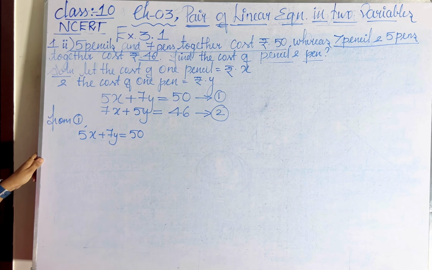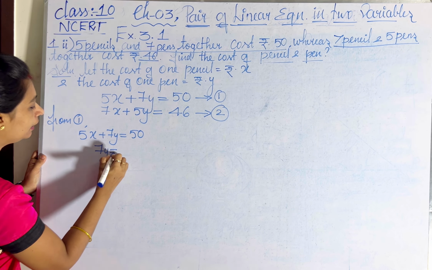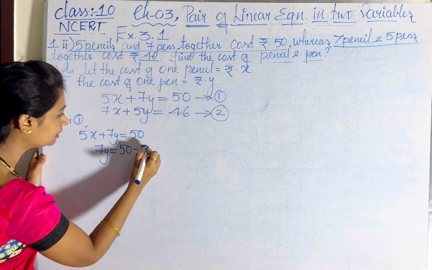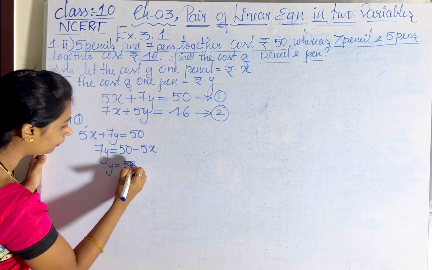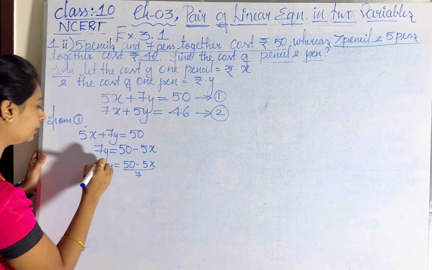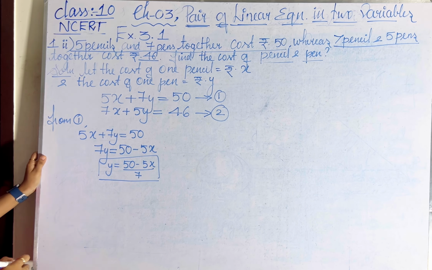We'll write this equation in terms of either x or y so that we can find the different values of x and y. I'm going to write it in terms of y. So 7y equal to 50 minus 5x, y equal to 50 minus 5x divided by 7.